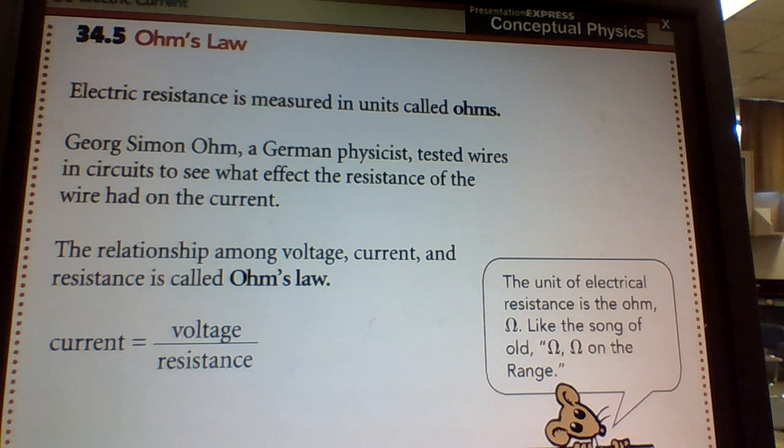So electric resistance we measure in a unit called the ohm. It was named after Georg Simon Ohm, who was a German physicist who tested wires back in the 1800s, somewhere in there. Basically, he just wanted to see what effect the resistance of different types of wires had on the current that flowed through a circuit.